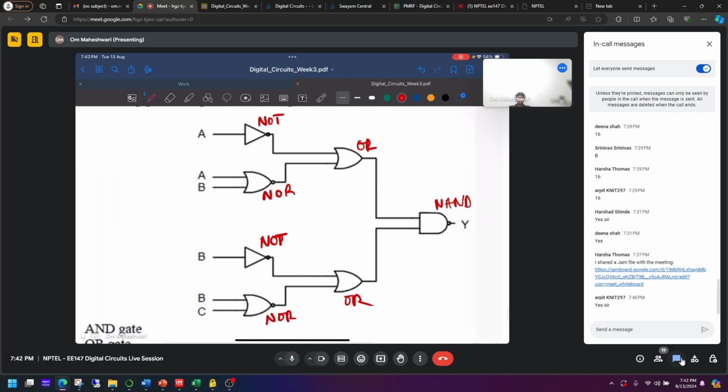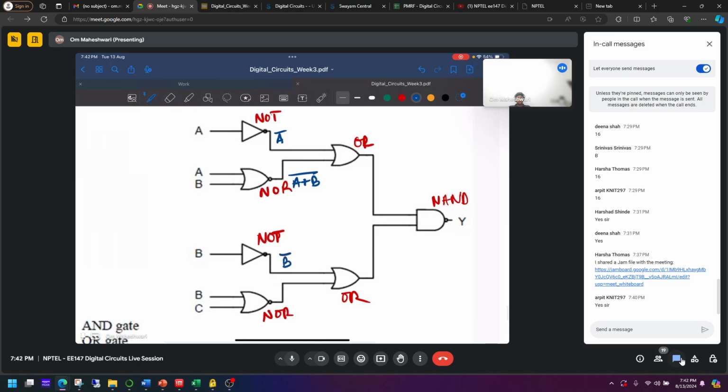So if we see here, you will get A bar, A plus B whole bar here, B bar, it is B plus C whole bar. So OR, it is A bar plus A plus B whole bar. This is B bar plus B plus C whole bar.